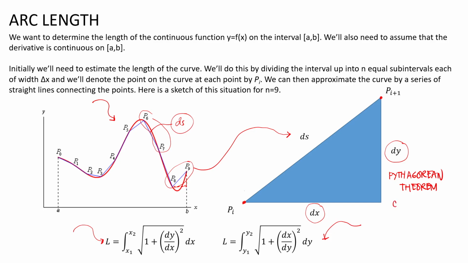As per the Pythagorean theorem, c squared is equal to a squared plus b squared. Getting the square root to determine the hypotenuse, that will be the square root of a squared plus b squared. Now if we replace this, the hypotenuse becomes ds, and a squared and b squared are your two legs, so dx squared plus dy squared.